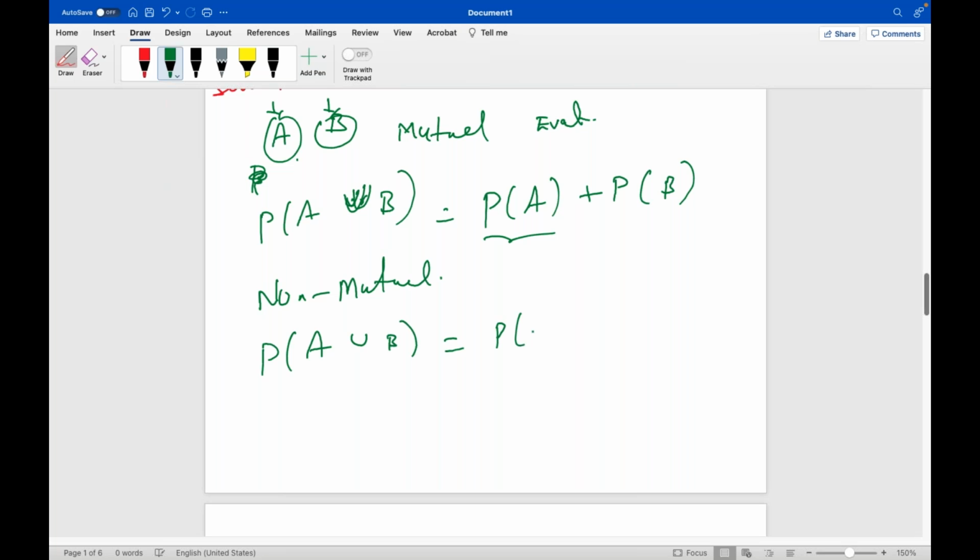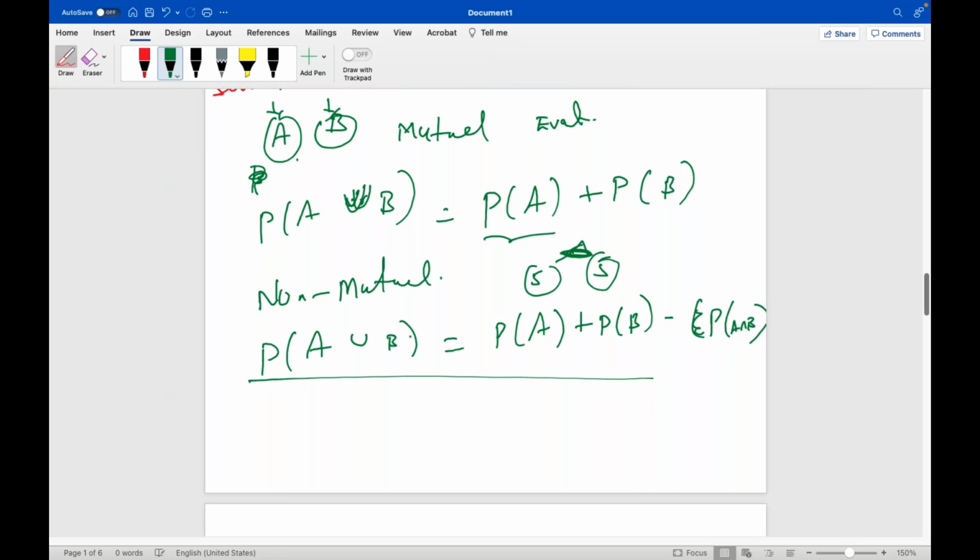So when combining probability of A and probability of B, there is a chance both happen at one time, so I want to remove one of them. That's why we use the probability of A intersection B. This is the formula for the non-mutually exclusive addition rule, and the other is for the mutually exclusive addition rule. Just note these two formulas.